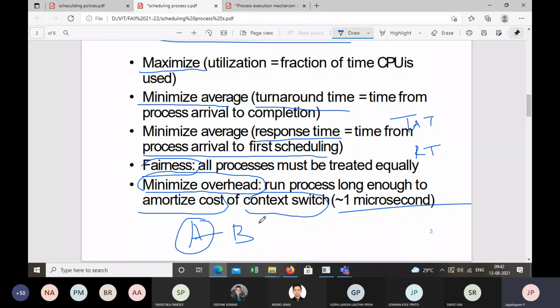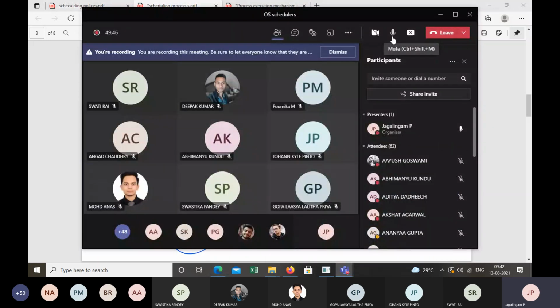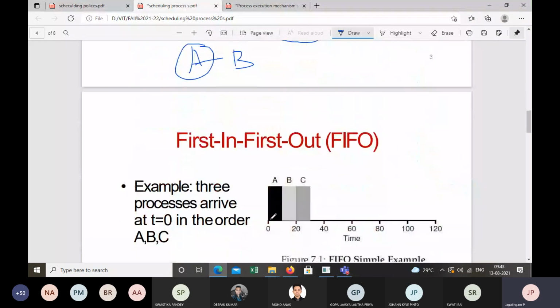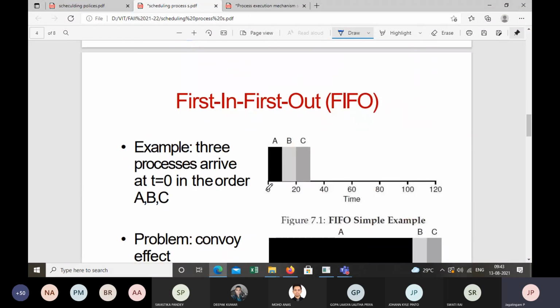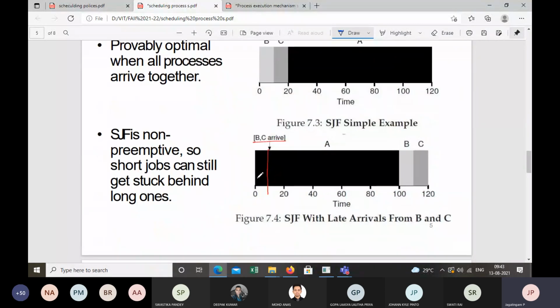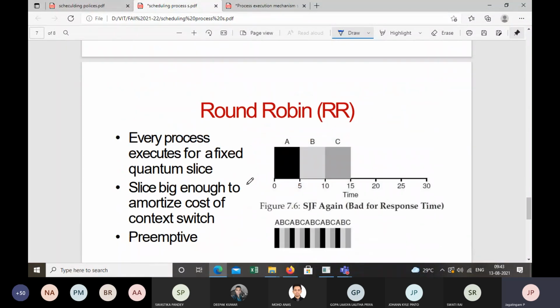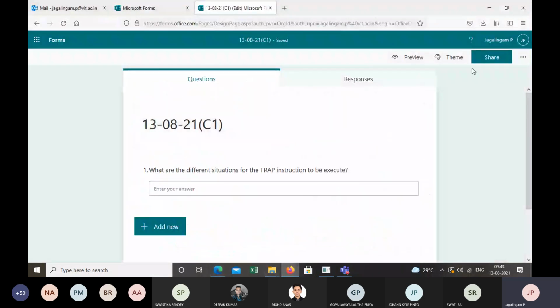Okay. So, any further questions to ask? No, sir. Good. So, we'll end here. In tomorrow's class on Tuesday, we will try to understand the different scheduler algorithms, and we'll try to do some numericals on this. Okay, fine. So let me end here.